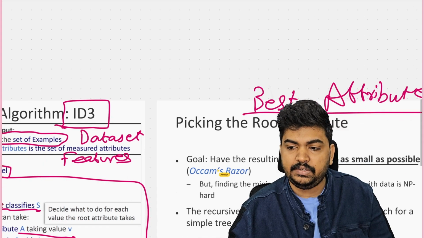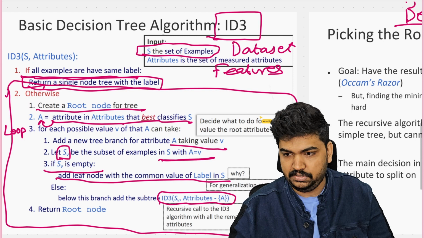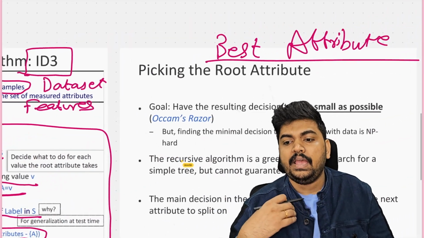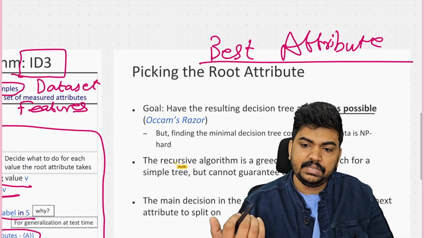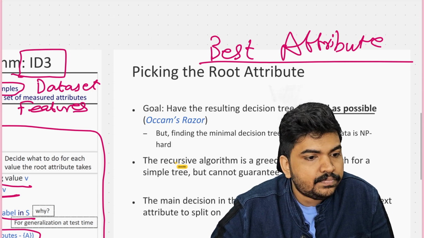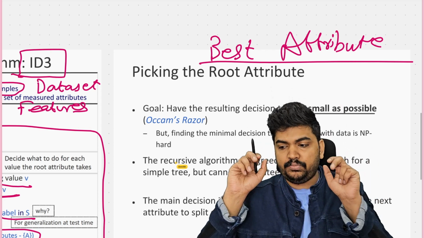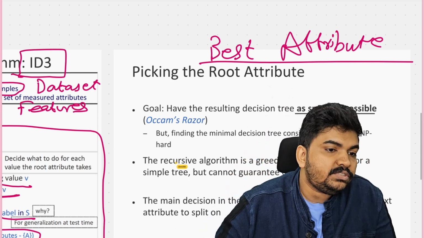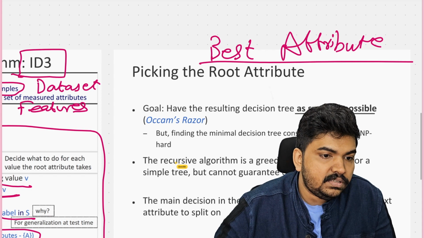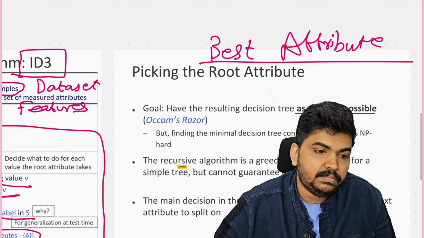Please understand that even though we talk about root, since it's a recursive call, there is a root selection at every recursive call. So at every node creation, we need to make this decision. Here our definition of best is rather unclear or ambiguous, and we have not mentioned how exactly we will find the best.